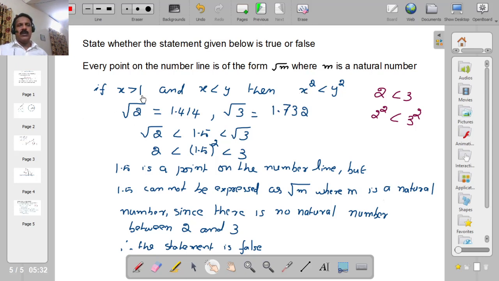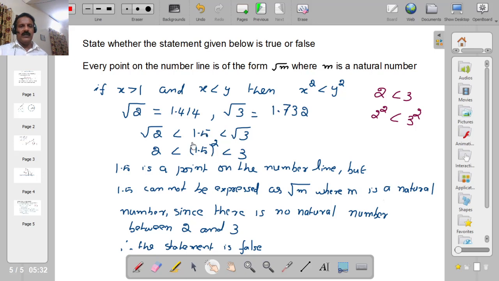Also we know that square root of 2 is equal to 1.414 and square root of 3 is equal to 1.732. And we know 1.5 is a number lying between 1.414 and 1.732. Therefore 1.5 lies between square root of 2 and square root of 3.